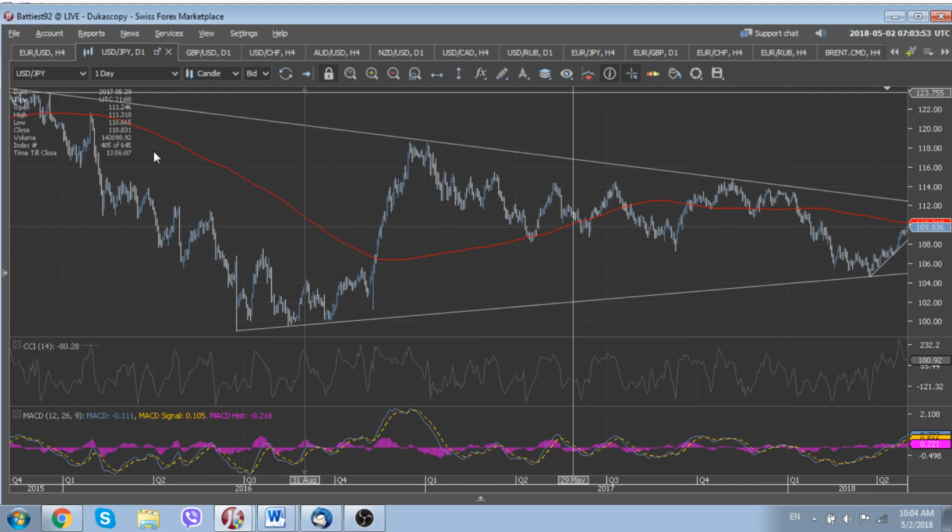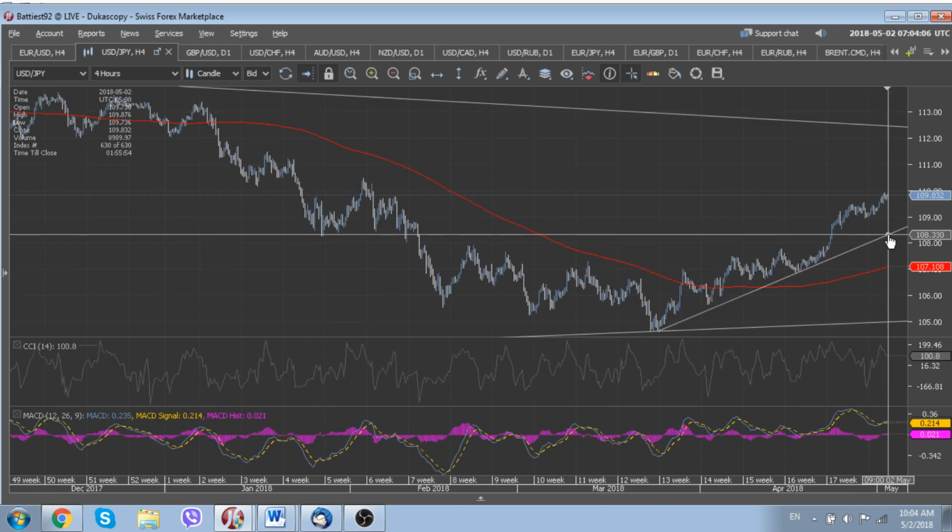All in all, the situation still remains rather positive for the dollar yen while we are trading above the immediately rising trend line located around 108.30-35, and while above that trend line, the pair should be looked at as a buy on any kind of dips closer to this trend line.